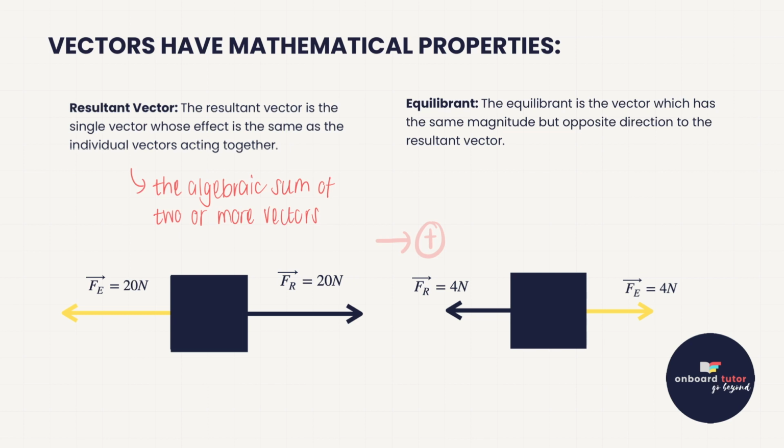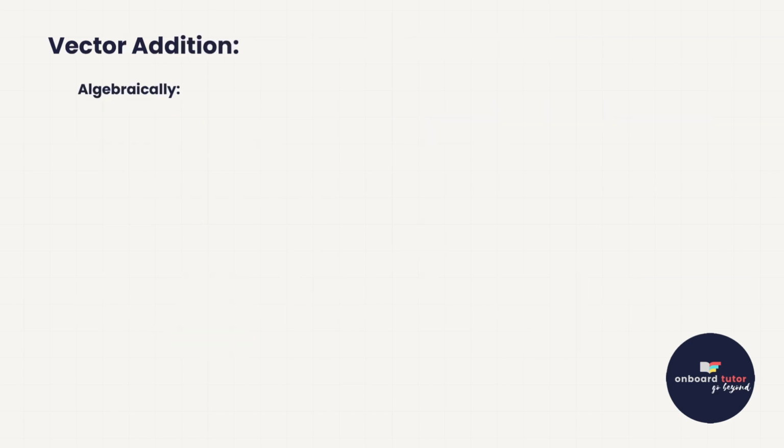And here we can see that in both cases, each of them are equal in magnitude to their resultants, and they are in the opposite direction. So what we actually did just now is add vectors using one of our techniques, and that is algebraically, so using mathematics and algebra concepts.